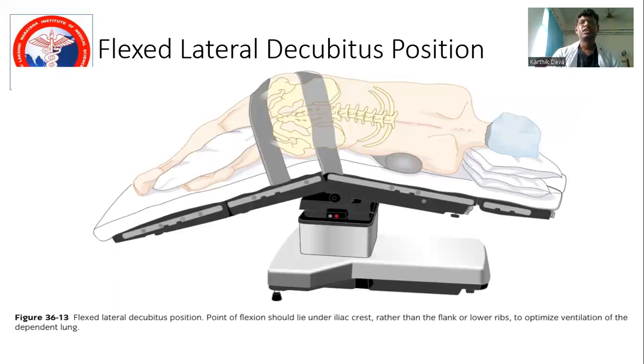The flexed lateral decubitus position. The point of flexion should lie under the iliac crest rather than the flank or the lower ribs to optimize ventilation of the dependent lung.